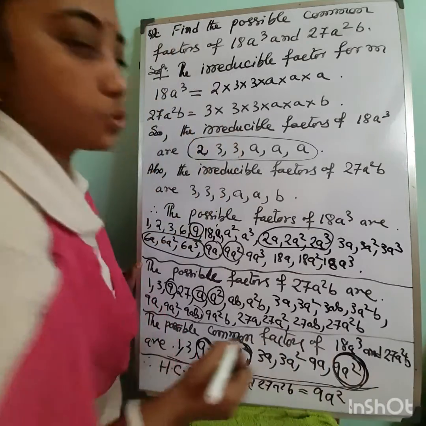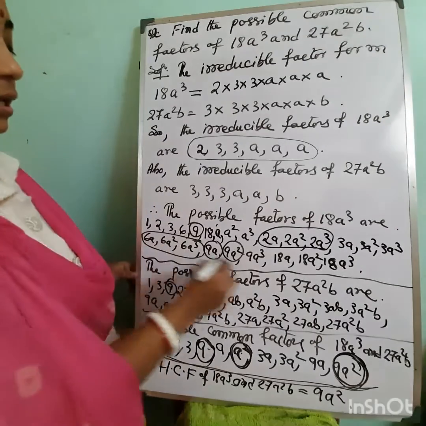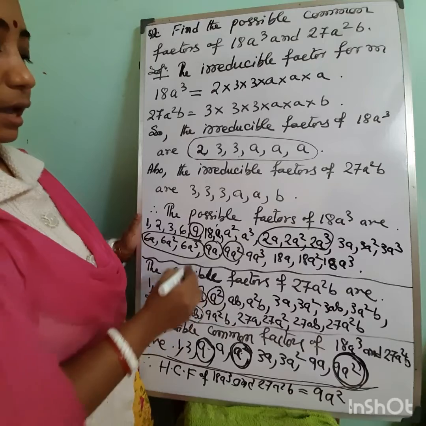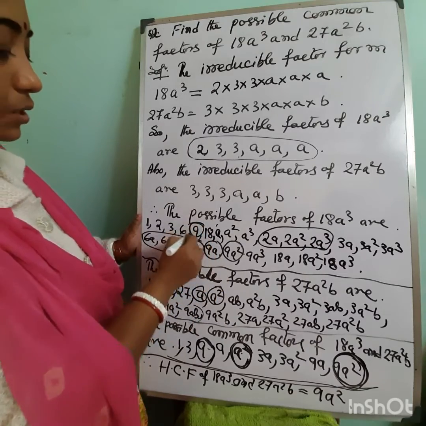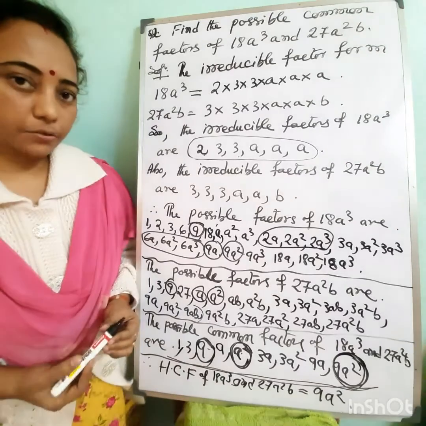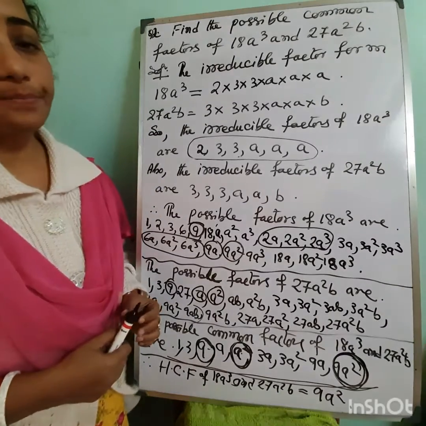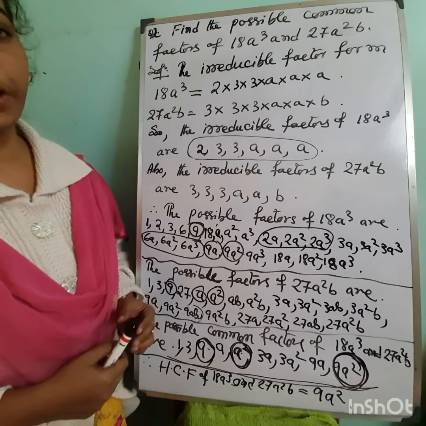In this way also we can find the highest common factor, but the process is very lengthy and takes a lot of time. So it is better to use the irreducible factor form to find the highest common factors of the given expressions.